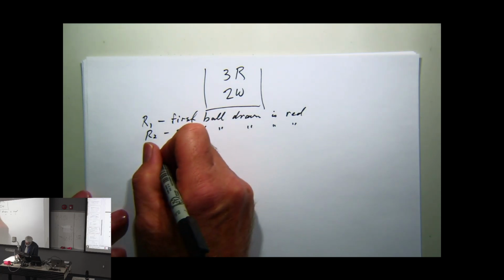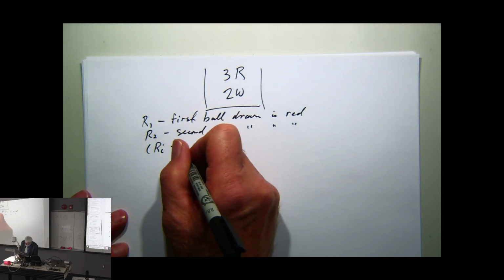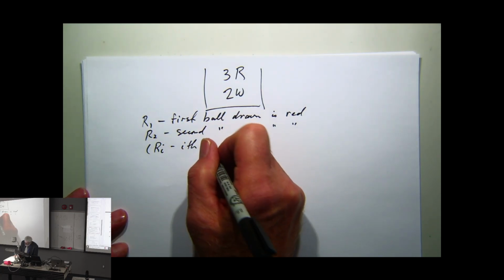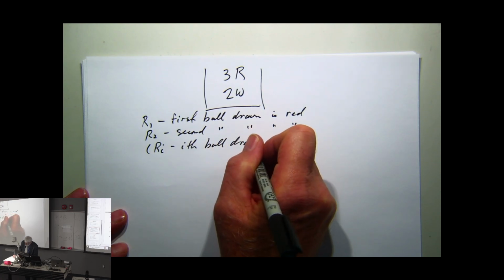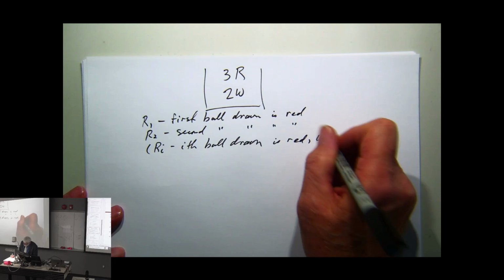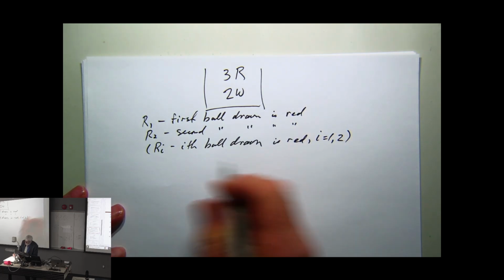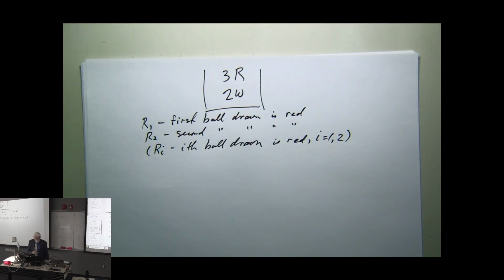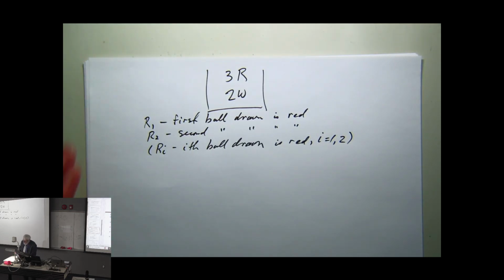Or we might refer to Ri, the ith ball drawn is red, where i equals 1 to 2. This is a little more general way of labeling our notation, in the sense that we can now talk about any number of balls being drawn. Okay, so let's go through and ask ourselves, first of all, what questions are we asking?